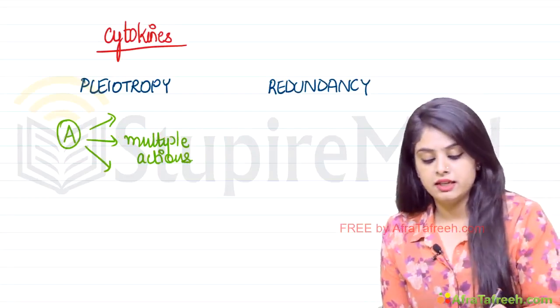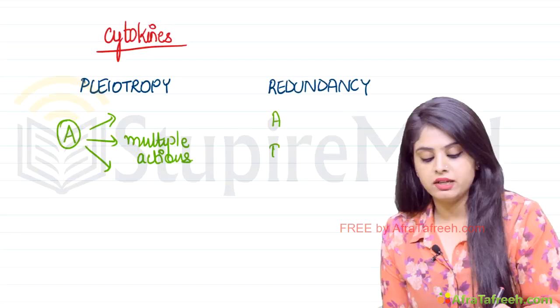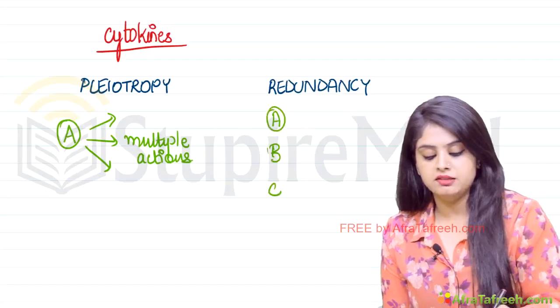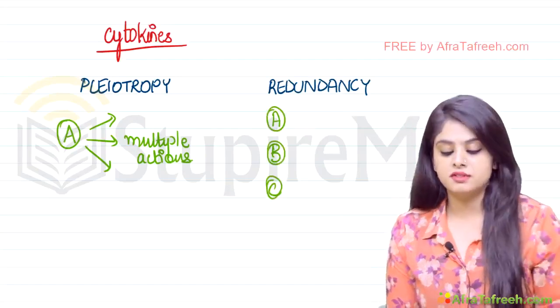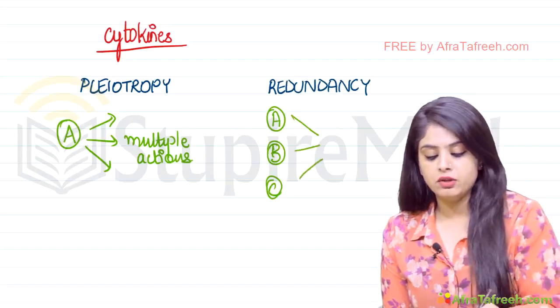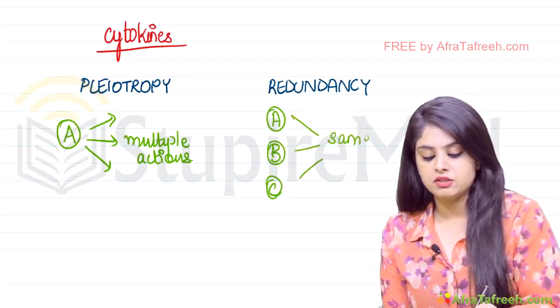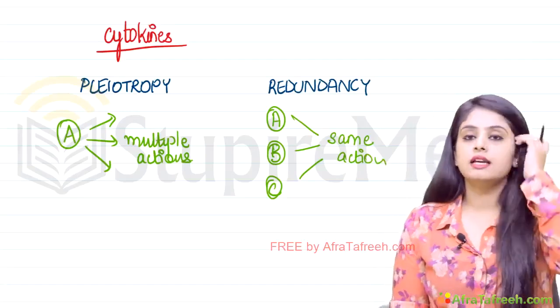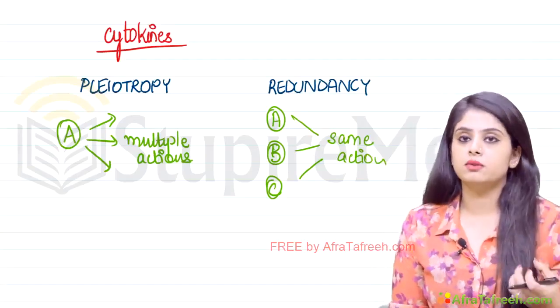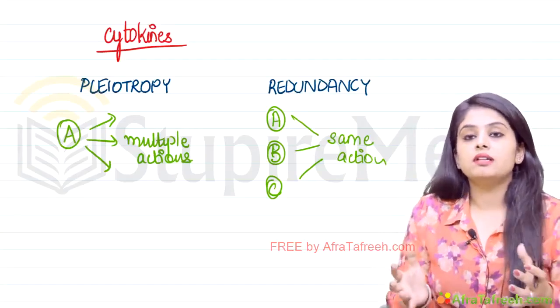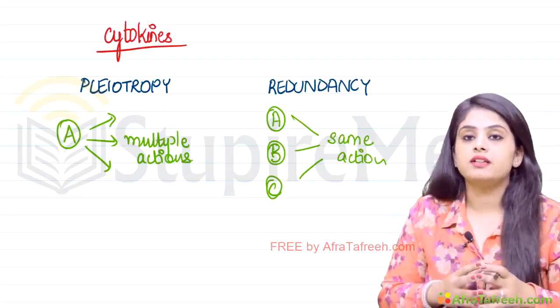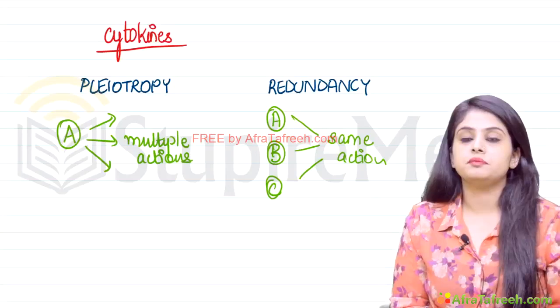Redundancy means, on the other hand, that there are many cytokines like A, B, C, just random alphabets, and all of them are going to have the same action. So one cytokine can have multiple actions, that is pleiotropy. Many cytokines might have the same action, that is known as redundancy.